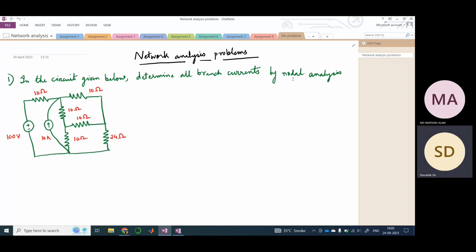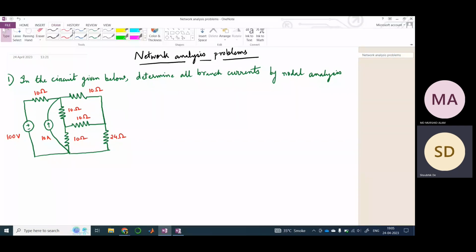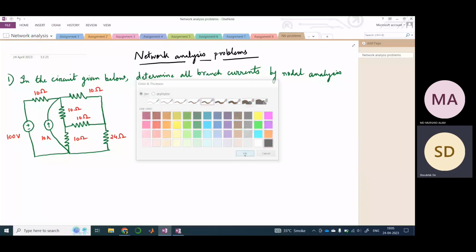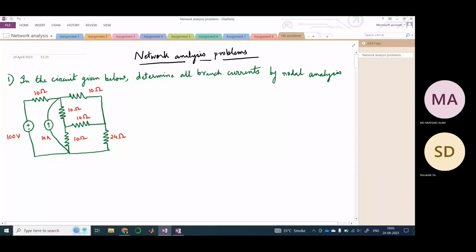let us just redraw the circuit once, then we will understand what we need to do, because this circuit can be simplified with the help of source transformation. If you see, this 100-volt source and this 10 ohm resistor are connected in series.